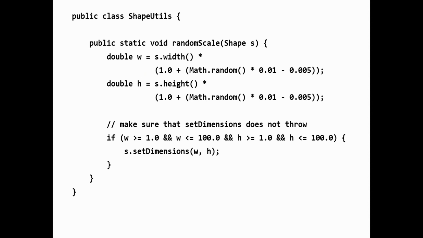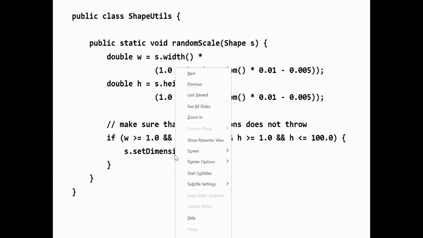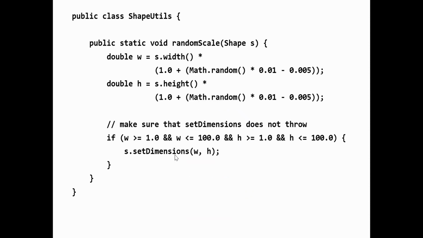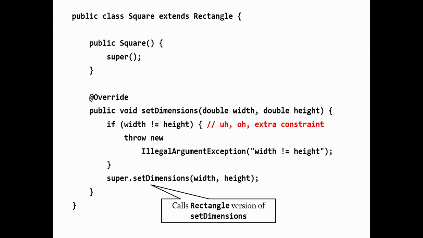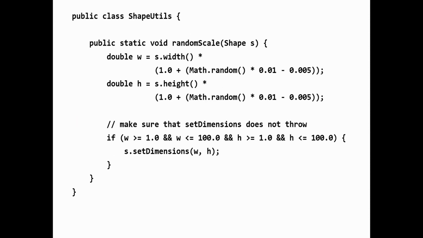So when you call set dimensions with a square, whoa, what's going on? This now throws an exception, because the version of set dimensions that gets called is the square version of set dimensions. So an exception is now thrown in a method that we previously thought was correct, which is something you don't want to do.